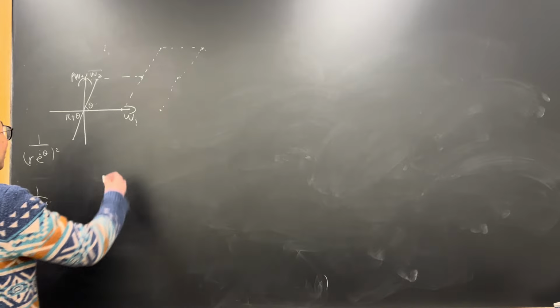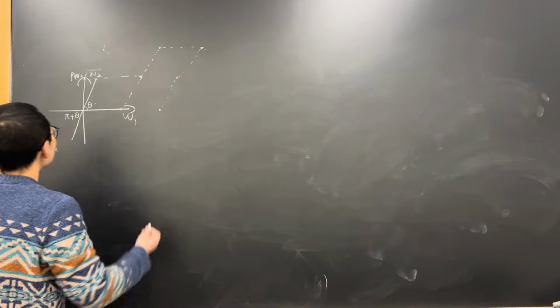Let's see. Let's imitate a square of those two, right? Let me just erase this one. What happens if I draw a line here?